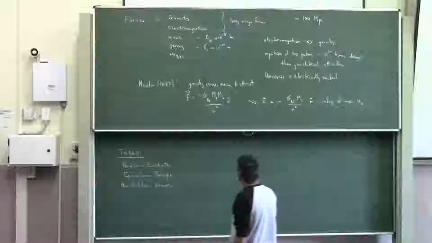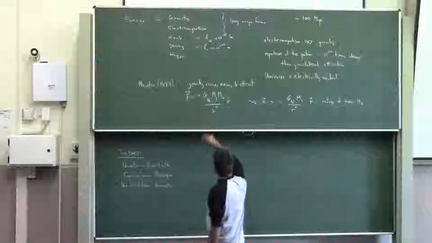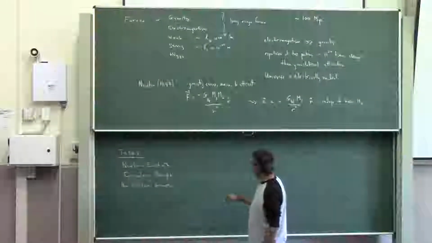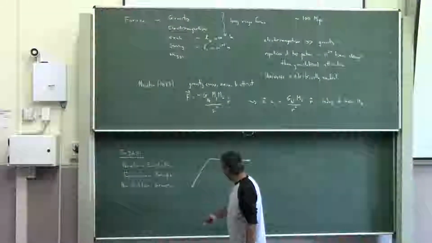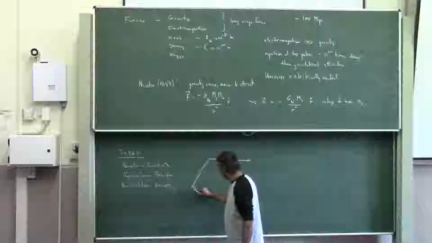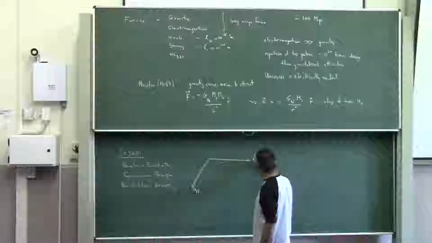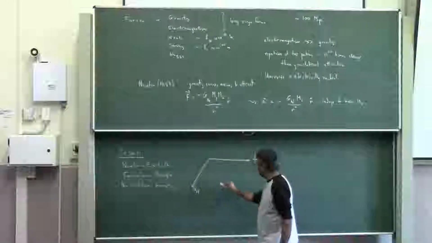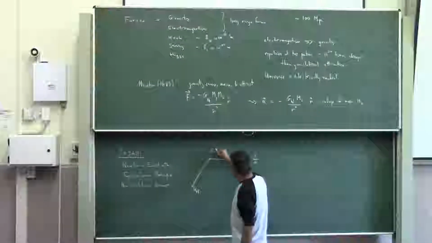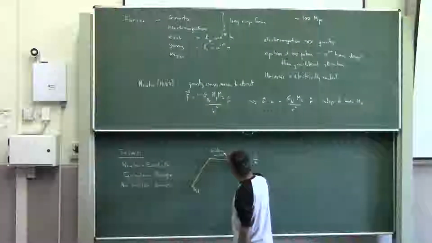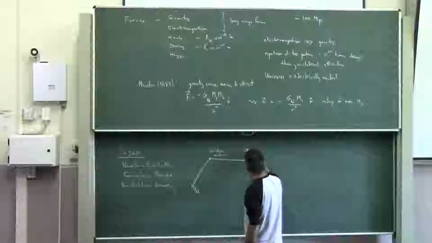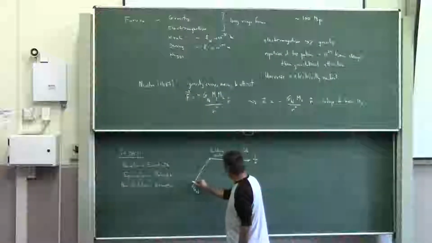So we discussed previously that there were these axes. One axis was G Newton, one axis was the speed of light, and here we had Galilean mechanics. Here we had special relativity. Here we had Newtonian mechanics.